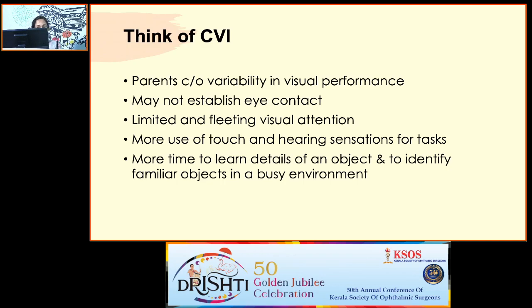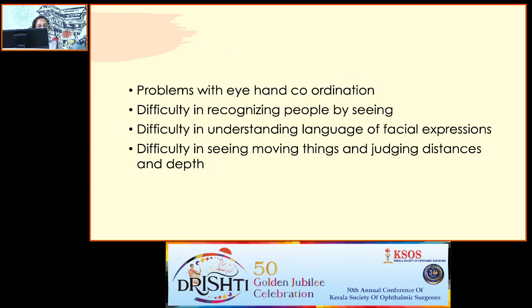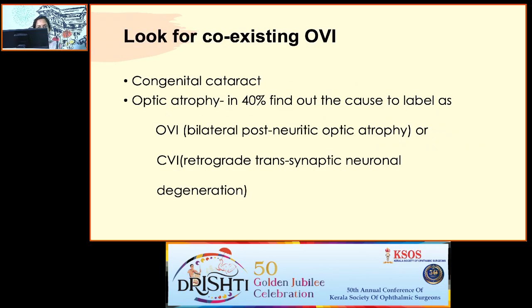There is a limited or a fleeting visual attention, that they use more of proprioceptive sensations to do tasks. They take more time to learn details of an object, that they have problems with eye-hand coordination, difficulty in recognizing people by seeing, or difficulty in understanding language of facial expressions, or in judging depth and distance.